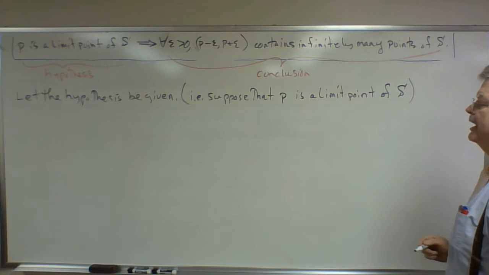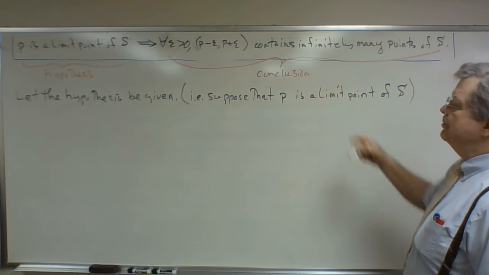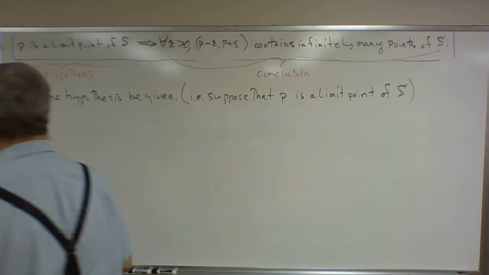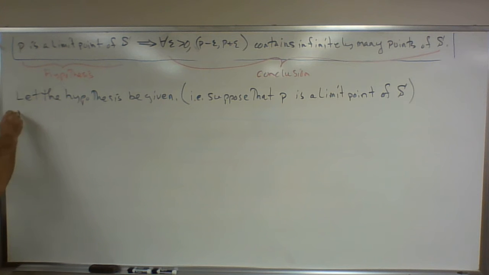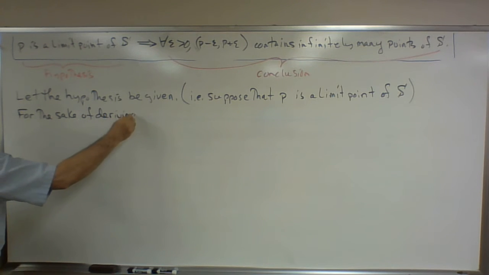So we assume our hypothesis. We suppose that P is a limit point of S. And then we inform our readers that we're going to be doing this part of the proof by contradiction.